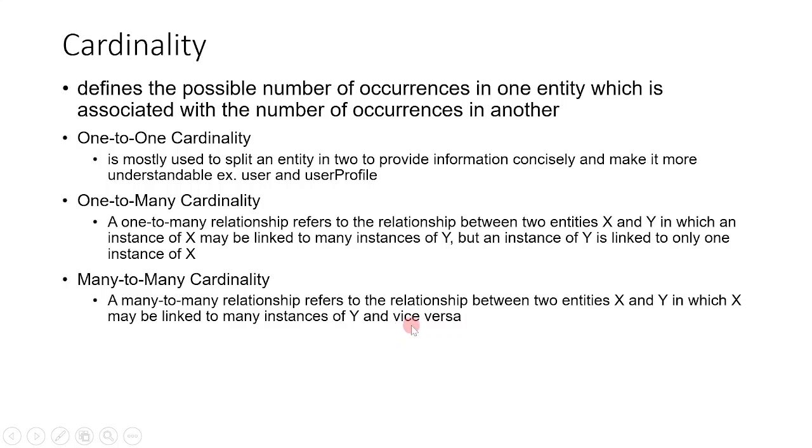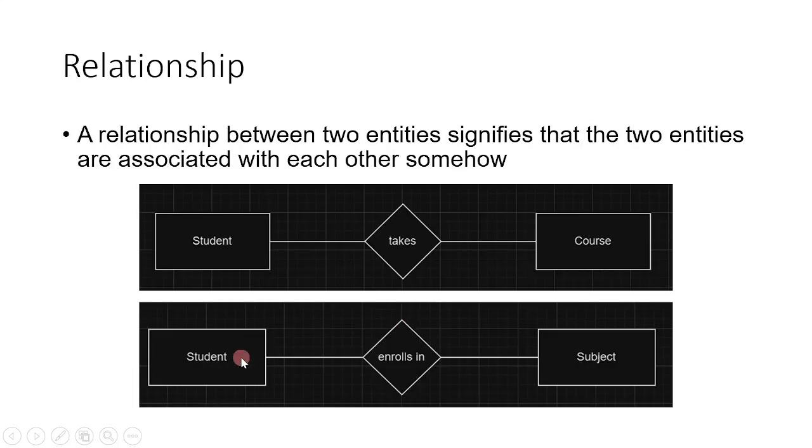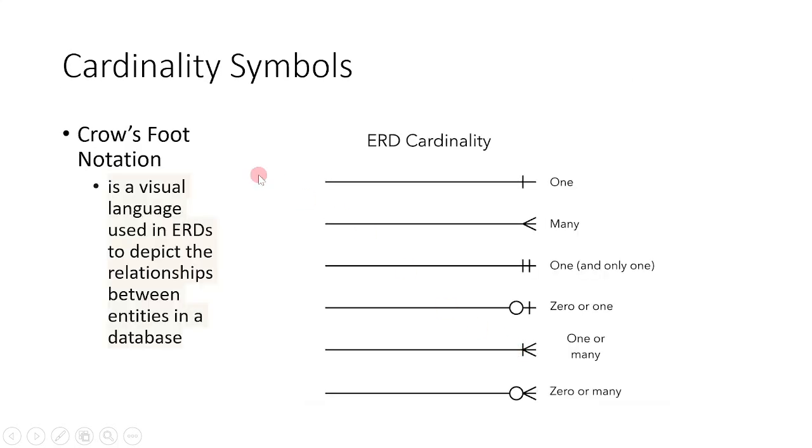So how are we going to specify the relationships or the cardinalities of entities? Take note, this one here is the relationship, and cardinalities would be here. We have here the symbols for the cardinalities. Crow's foot notation. Crow is a bird actually, and it is a visual language used in ERD to depict the relationships between entities in a database.